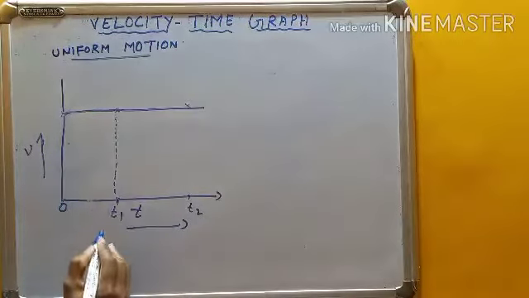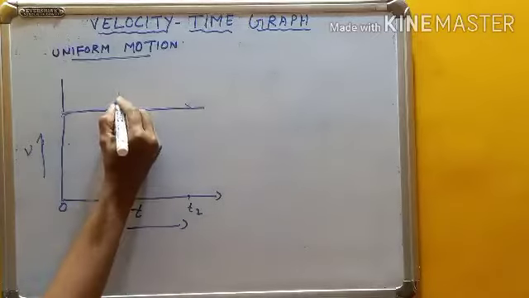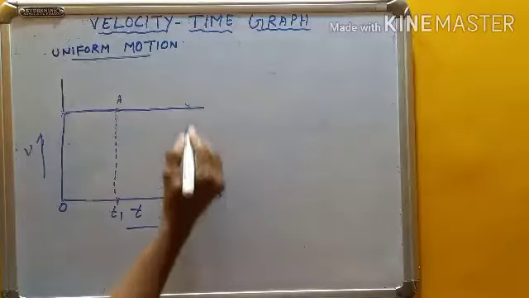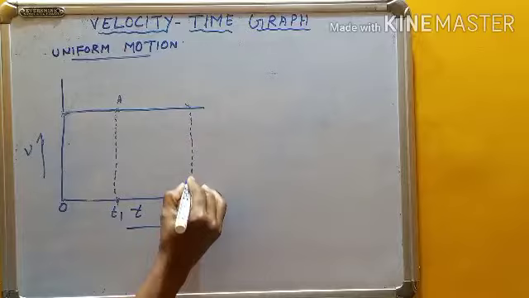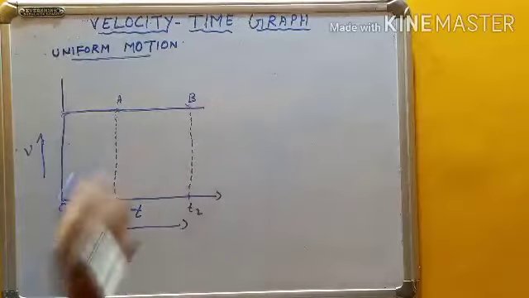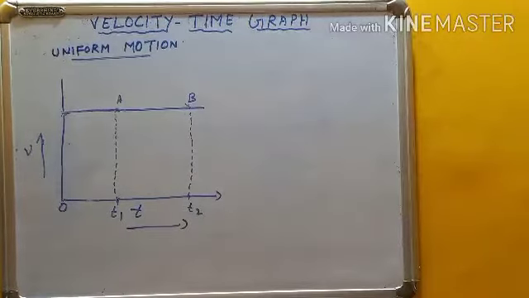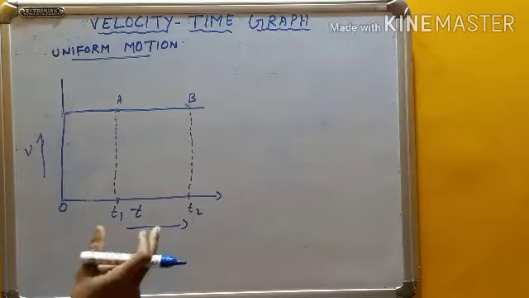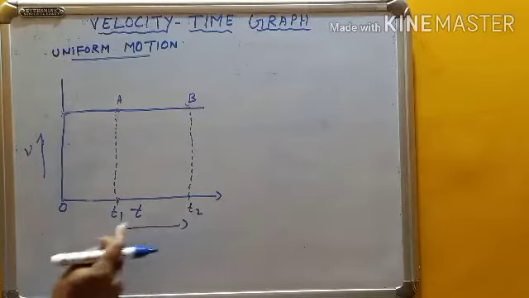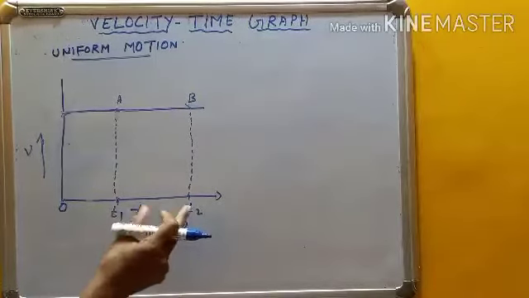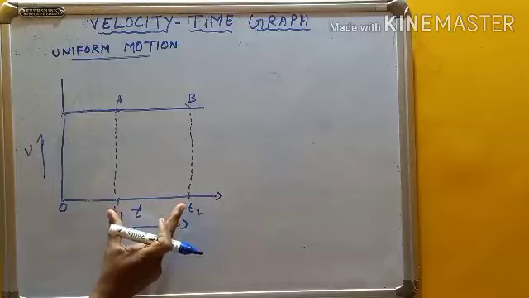Now corresponding to the point T1, consider the point A here, and corresponding to T2, consider the point B here. Now we are going to find the area under this velocity time graph in a time interval, from T1 to T2. So the time interval will be T2 minus T1.